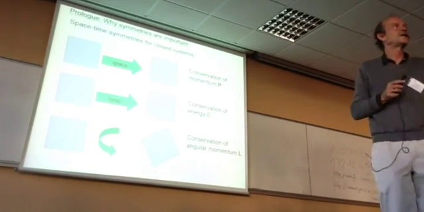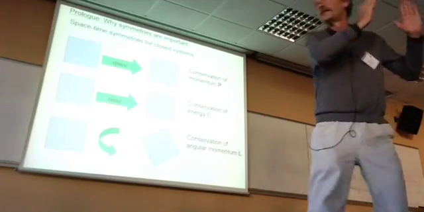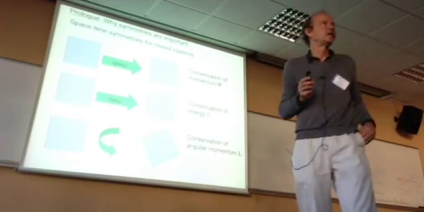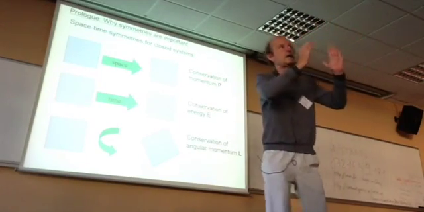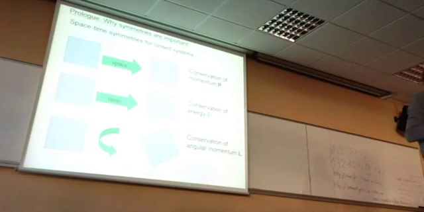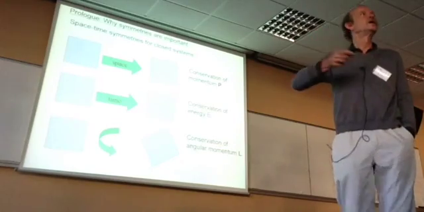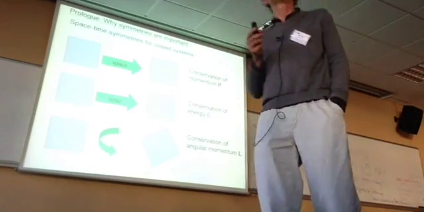You would like to formulate them such that if you make a displacement in space of this closed system, the laws don't change. It would be very complicated if at every place you had to redefine physical laws again.